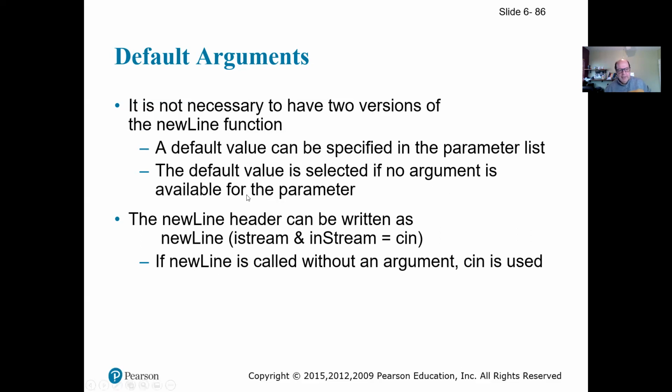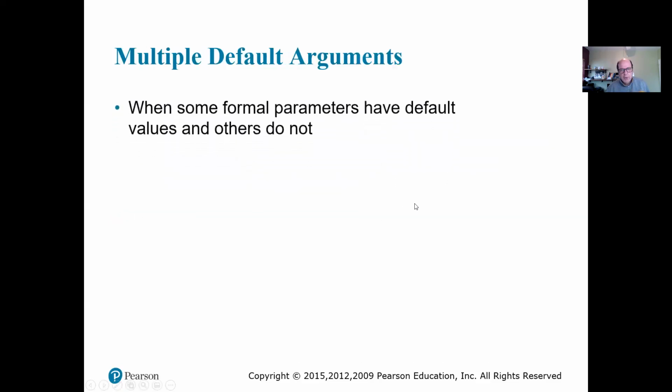So if I create a new line and I put the instream, if I don't put the cin here, that means I have to put it every single time. Now, if I put a default value, it's going to take that one if I don't mention it. I'm going to have some examples that we're going to go through.